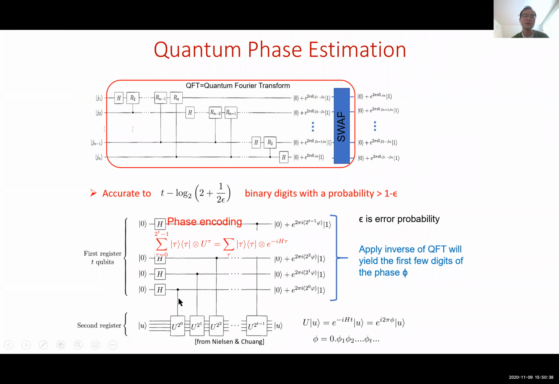If I have time equal to 1, then I would apply U once. And up to 2 to the t minus 1, I apply this many gates. But that is an evolution in longer time. This picture will be useful when we talk about solving the linear system.